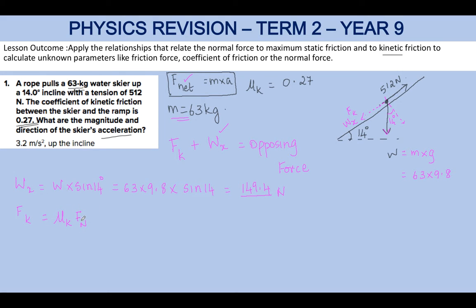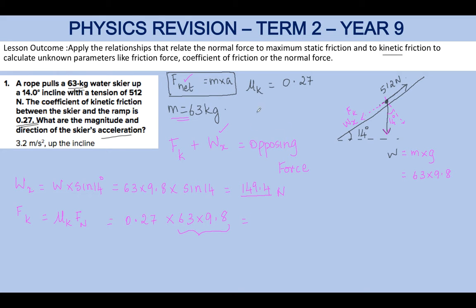Fn is the normal force, which equals the weight, so it is 0.27 times 63 times 9.8.